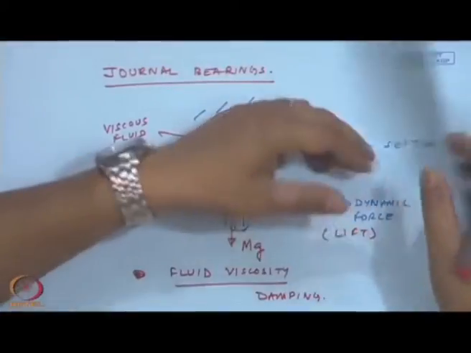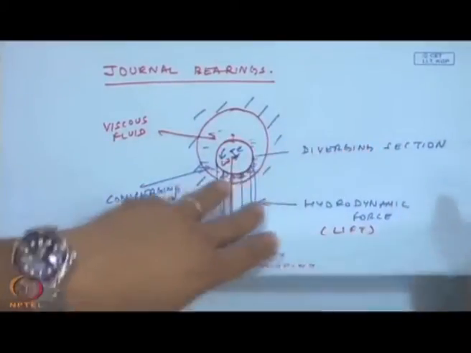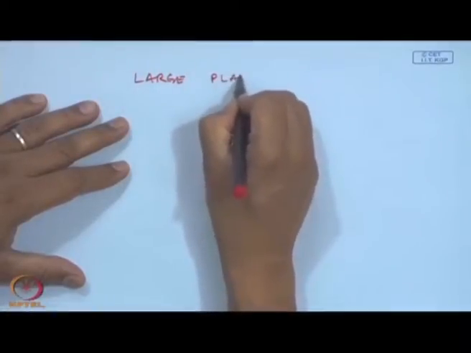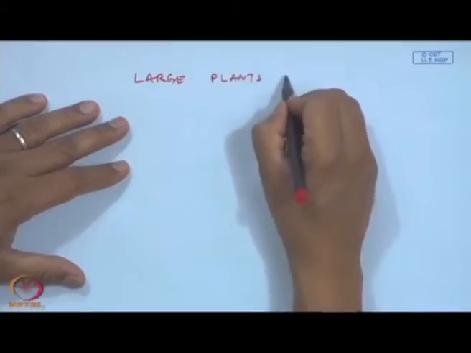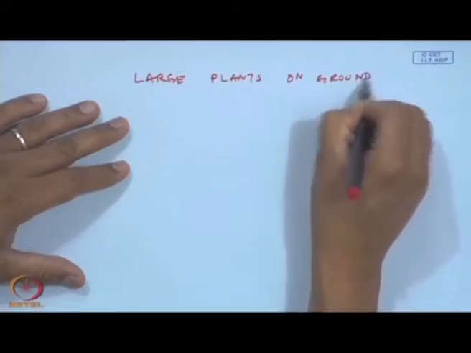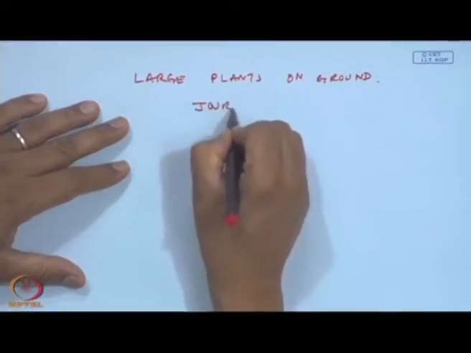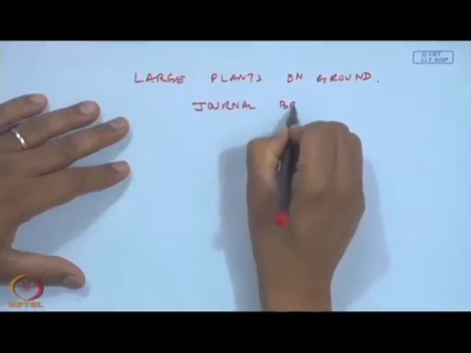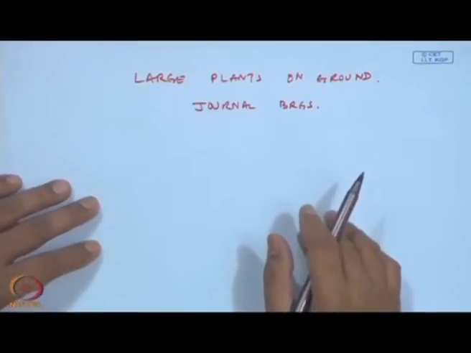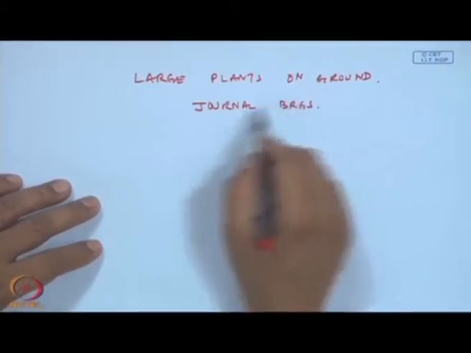So, invariably in many of the stationary plants, the large plants which are on ground, we can have journal bearings, which will try to reduce the forces coming onto them.